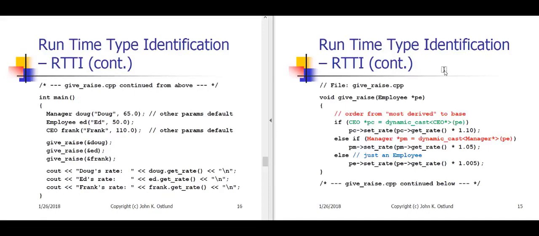Let's take another look at this giveRaise function back on slide 15. I wanted to point out that the order in which we did these dynamic casts was not arbitrary. If you have a hierarchy of classes and you want to try to identify which specific kind of class in that hierarchy a pointer is pointing to, you need to arrange your sequence of if tests from the most derived level down to the base class level.